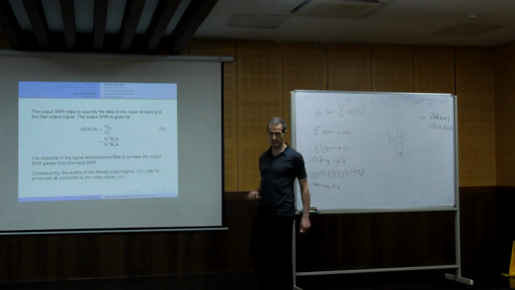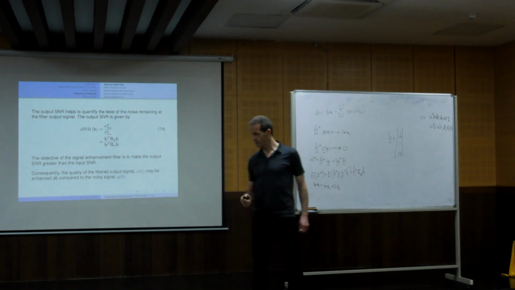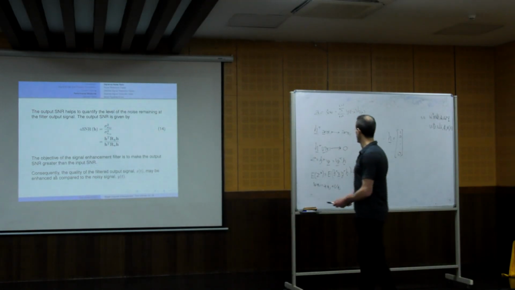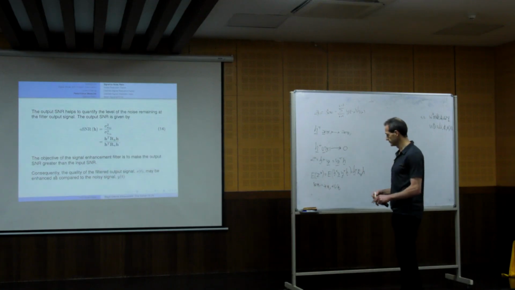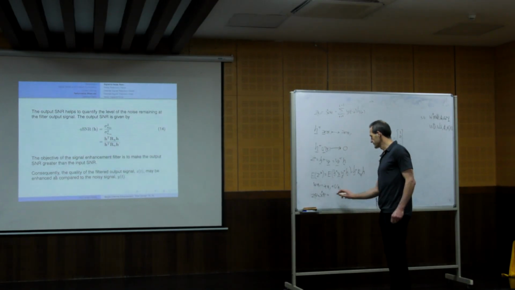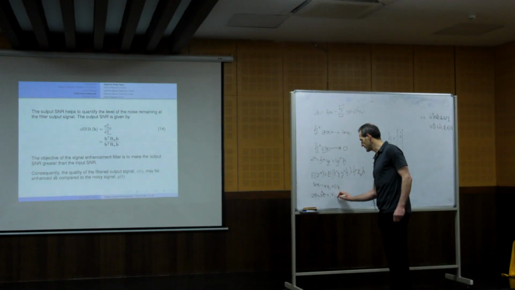What is the output SNR? So the output SNR is the variance. We said that z(t), which is the estimate of x(t), is X filter desired plus V residual noise.